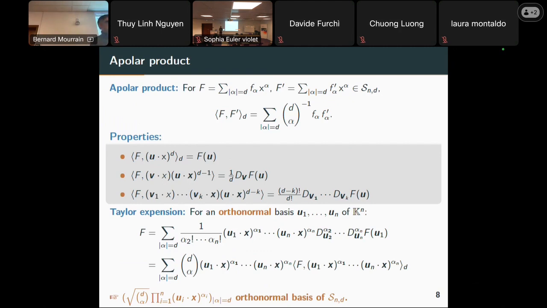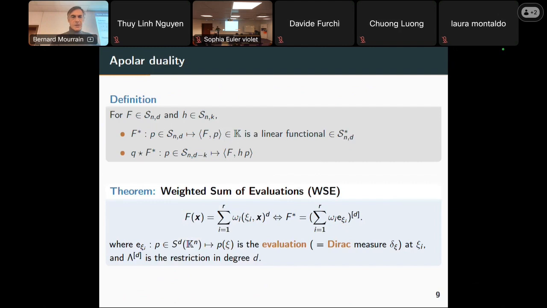This representation is explicit here when we take the derivative with respect to two vectors, and it is unique because here we have an orthogonal vector. Okay.